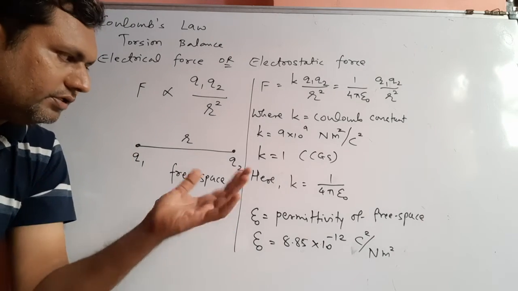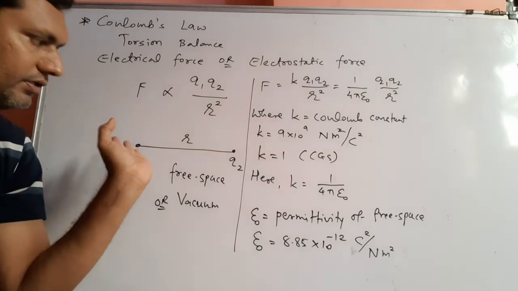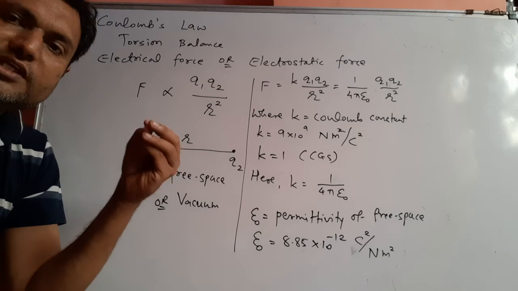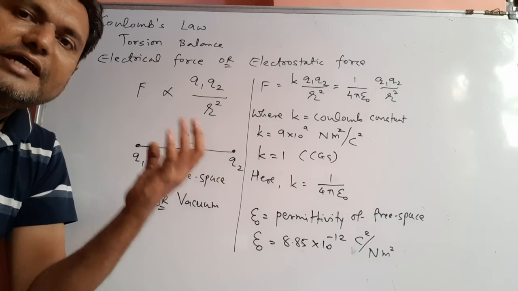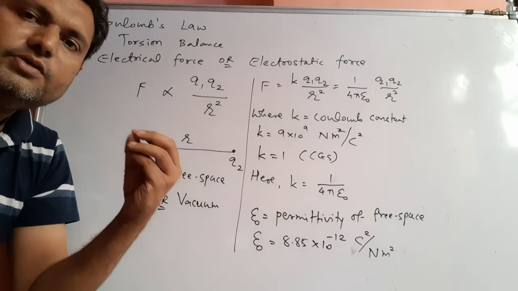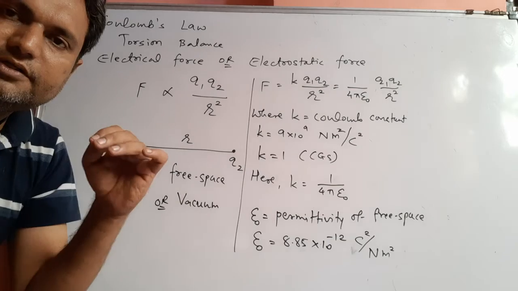So when we put the two charges in the given medium, there is a polarization in the medium. Generally we are using a dielectric medium. Dielectric medium means non-conducting materials; it is made up of non-conducting materials.